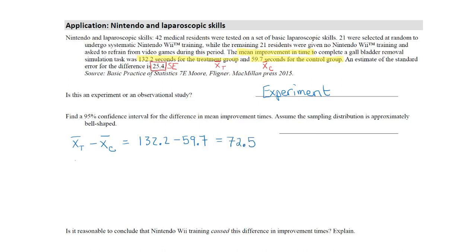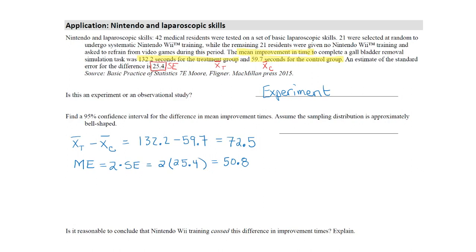And then my margin of error I need to calculate as 2 times the standard error. So that's going to be 2 times our 25.4, which comes out to be 50.8.